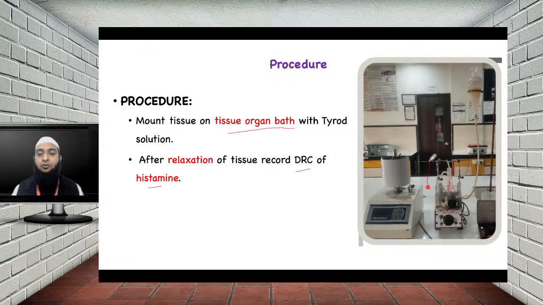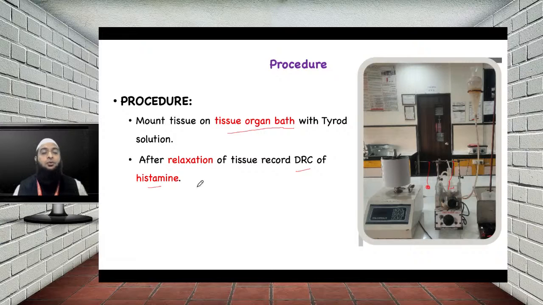When you apply this load, the tension helps the tissue to relax, because when you remove the tissue after sacrificing the animal, it is generally in a contracted state. To relax the tissue, you first apply the extra load and then give washing every 5 minutes, because relaxation of the tissue is very important for getting reproducible and reliable responses.